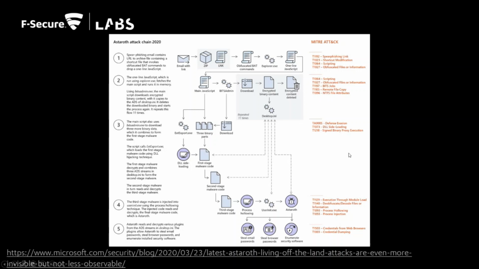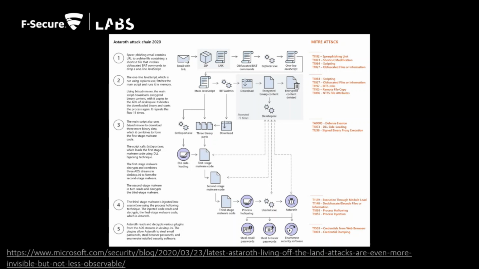Just to quickly go over it, the normal infection vector is an email with a link in it. That link, if the user follows it, downloads a zip file that contains a shortcut file. Once the shortcut file is on the system, the user clicks on it, and that's what causes the cascade of events that perform the compromise.